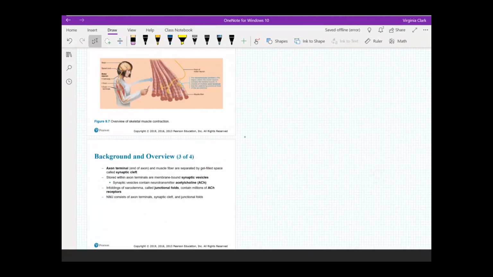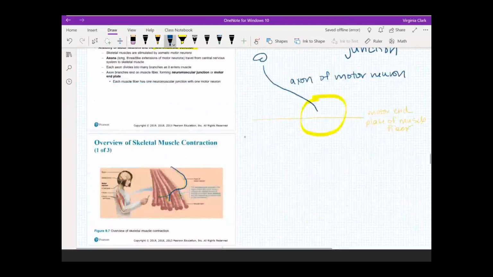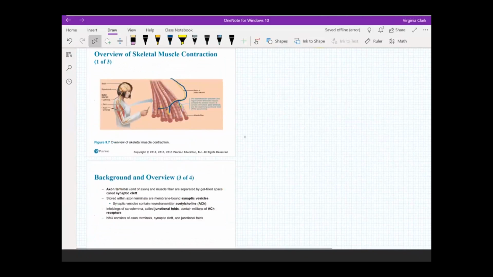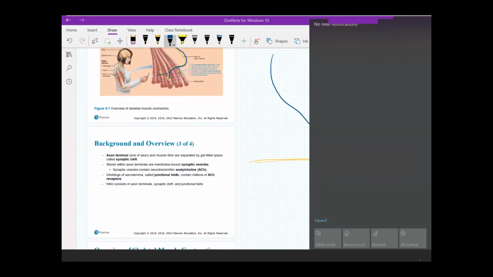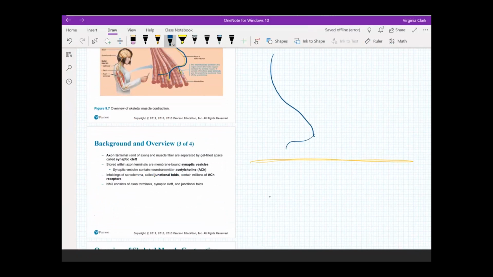So this is what we're talking about with this neuromuscular junction. You can see here how we have the axon coming down, and it connects to your muscle fibers. The way they actually connect is super specific. Here is my sarcolemma. There are little branches that come off that have places that attach and communicate, little buds.